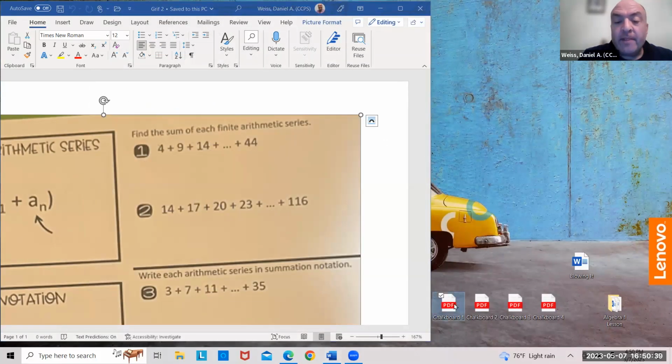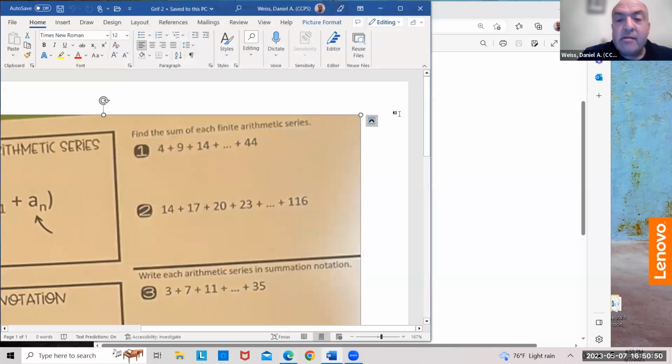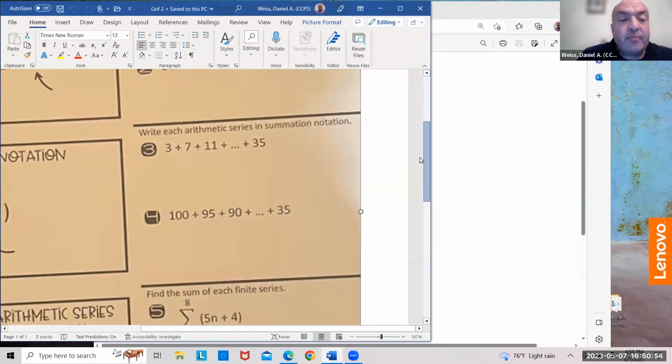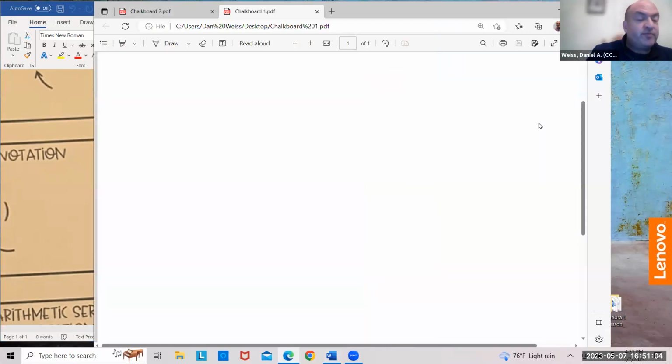Now, here's what happens for this next one. This is kind of a multi-step process.